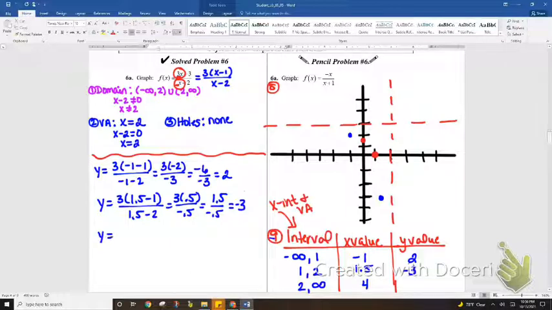I'm going to plug in 4 for x. And I ended up with 4.5. And so I'm going to plot that point, 4 and 4.5.